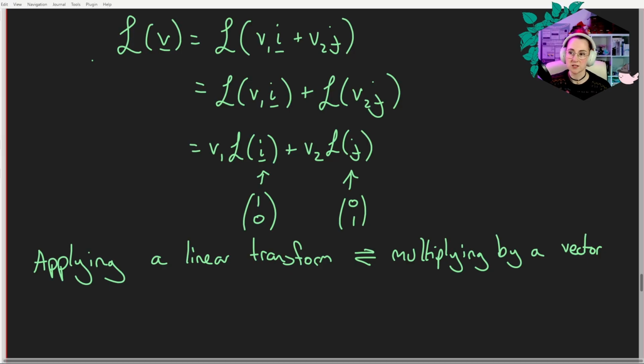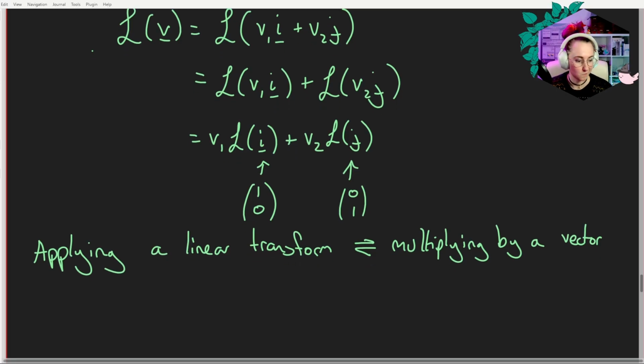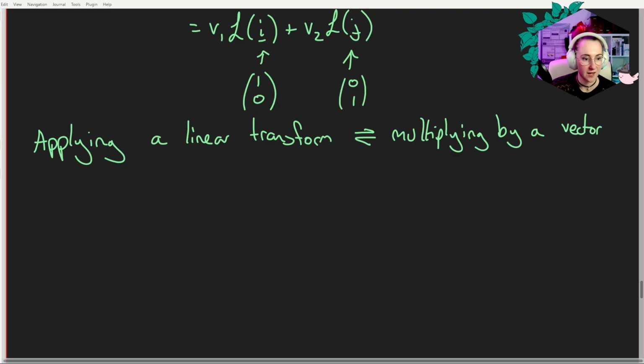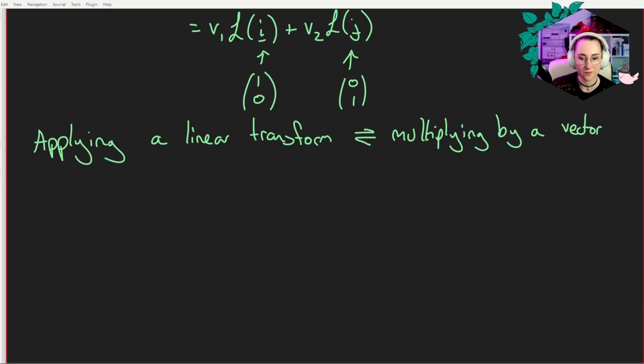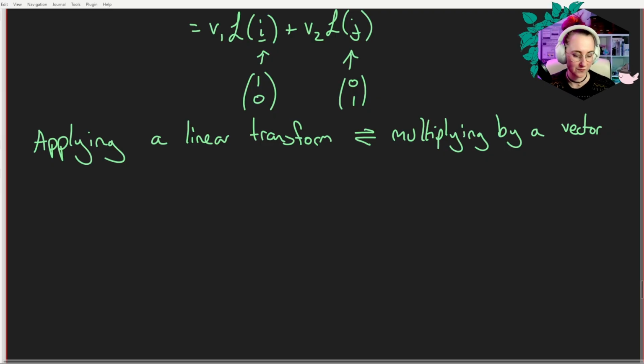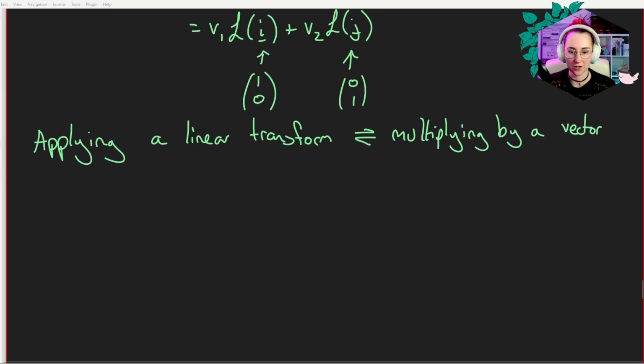What I mean is that applying a linear transform is the same as multiplying by a matrix A, for a specific transform and a specific corresponding matrix. So let's see what that does for a second. This is the closest that I get to doing proofs, so keep in mind that this is Cat attempting to be rigorous with the maths.